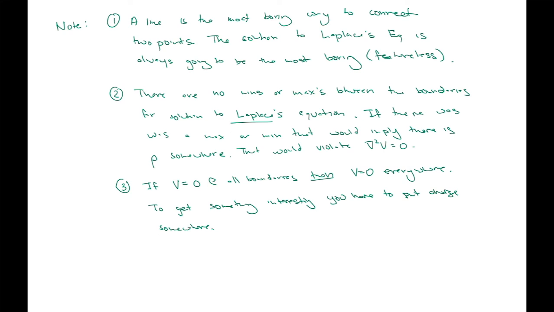So these are the rules, and it's kind of easy to see it in one dimension where we just solved Laplace's equation and got that straight line. It's a little bit harder to visualize in more than one dimension, but these rules that I wrote out do apply for higher dimensions as well. And we'll try to show some examples when we can.